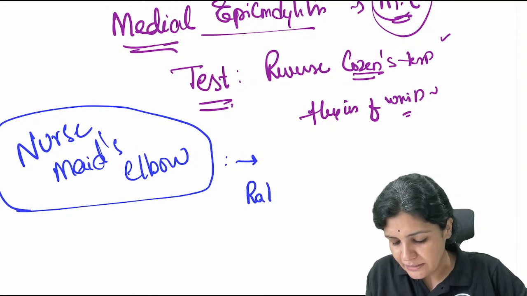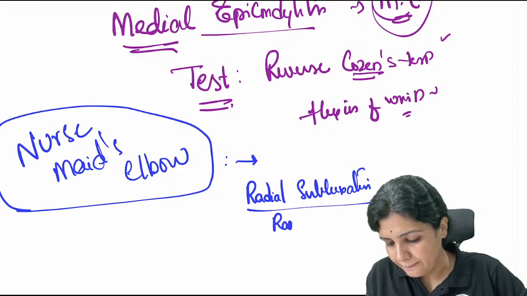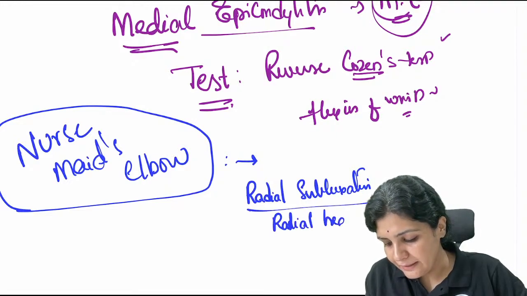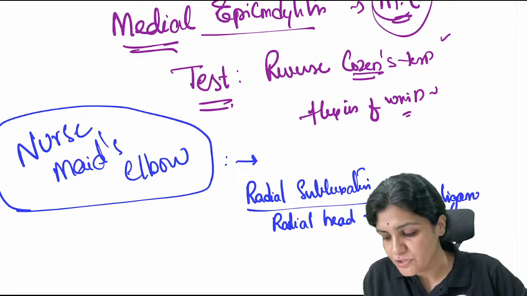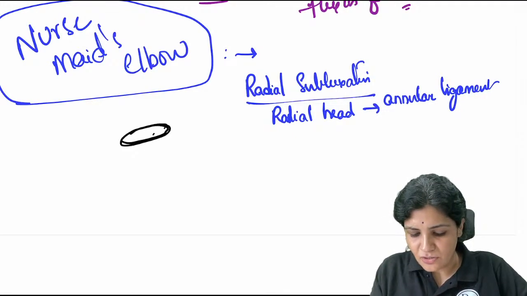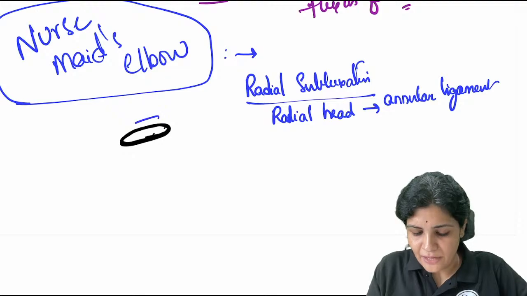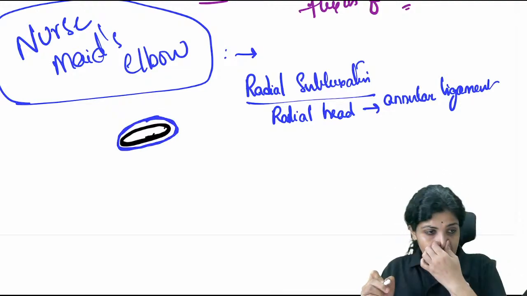This is the radial subluxation, where the radial head comes out of your annular ligament. The annular ligament is round in structure and contains your radial head. So this is your radial head, and the annular ligament is present around it. This typically occurs in kids.